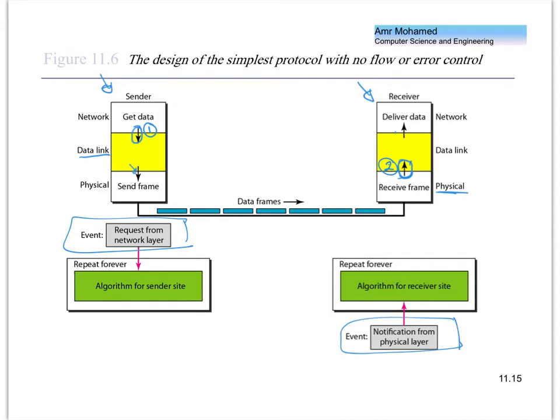And I want you to use these events as a high-level view of how the technique actually works. Another thing we pay attention to here is that because this is the simplest, the sender is going to keep sending frames without having to wait for any acknowledgement, in which case you have many frames on the channel at any point of time.